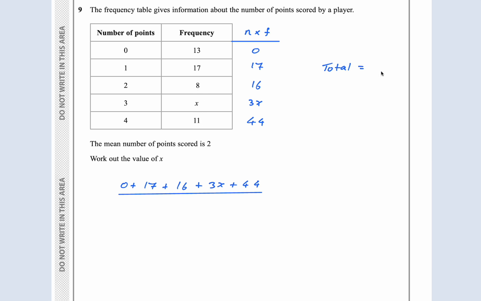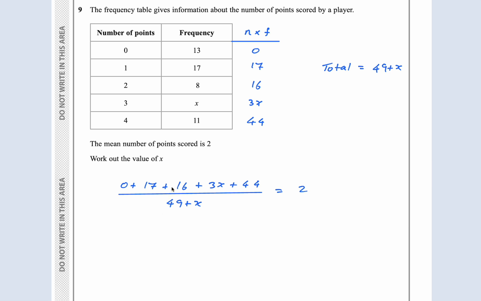So 49 plus x. That's when I add up all of these. So I'm dividing by 49 plus x. And this equals 2, because this is the mean, and they tell us the mean is 2. Okay, so now I just need to solve this equation.